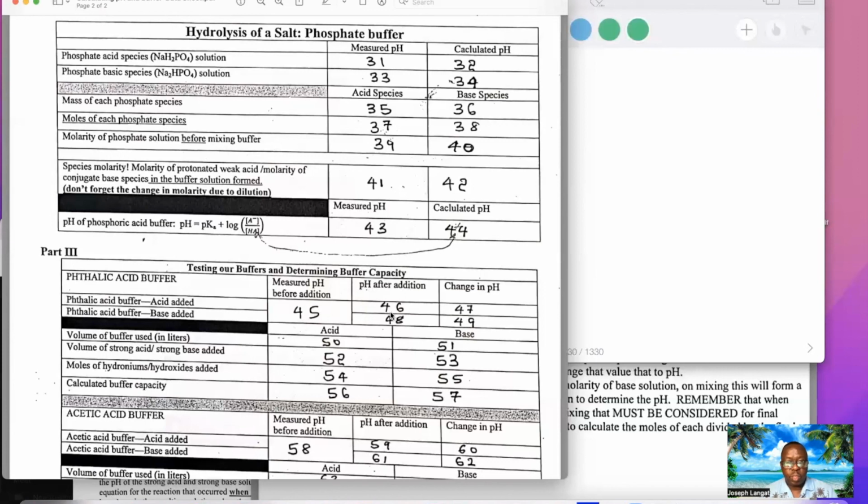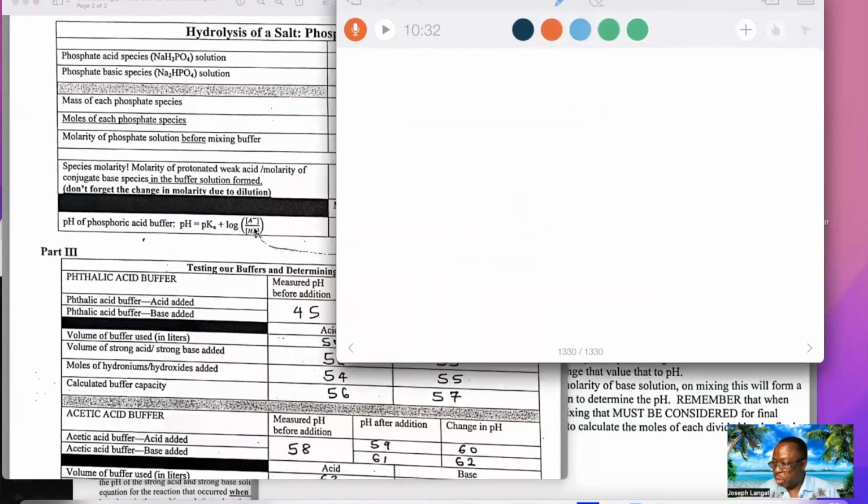Once you mix, what is the change in pH, 47, all right? 45, I don't think it's hard. This is from the pH meter.